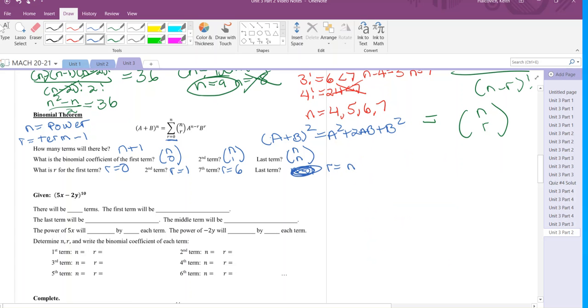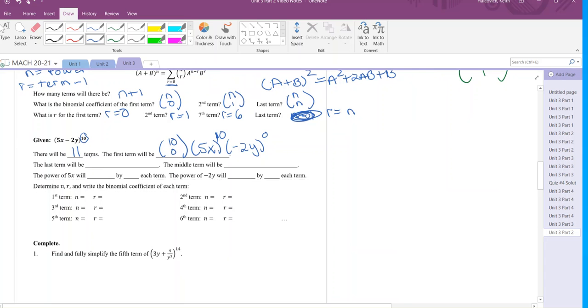So if you look at this example here, 5x minus 2y to the 10th, since it's to the 10th power, there's going to be 11 terms. The first term will be 10 choose 0, 5x to the 10th, because remember, the exponent for the first term is always the difference of these two, and then negative 2y to the 0, because the exponent for the second one is always the r value.